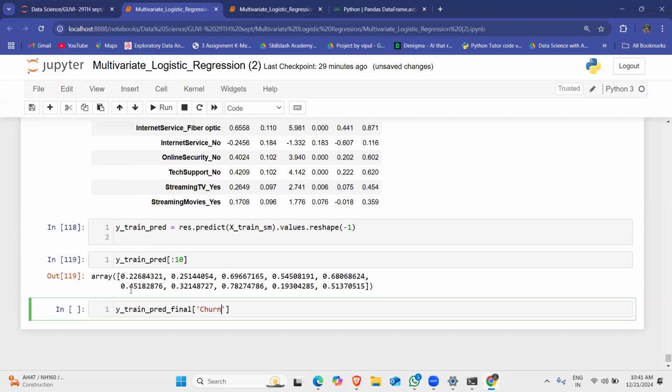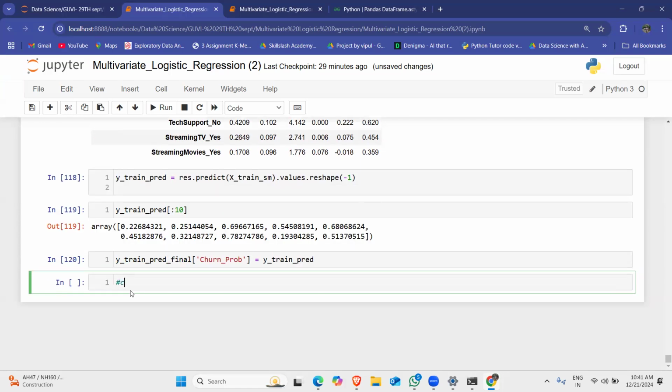We are interested in finding the churn probability. Churn_Prob equals y_train_pred, and we'll create a new column predicted with 1 if churn probability is greater than 0.5, else it is 0.